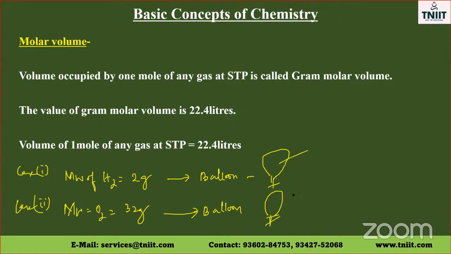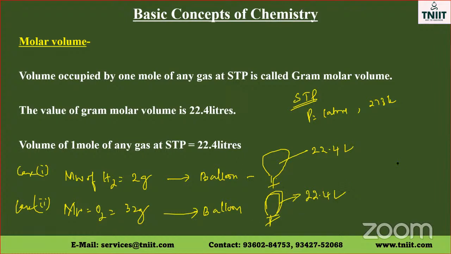Now, if you measure the volume occupied by the balloon at STP, STP is standard temperature and pressure, 1 atmospheric pressure and 273 Kelvin, the volume will be 22.4 liters. Here also the volume occupied by the balloon will be 22.4 liters.